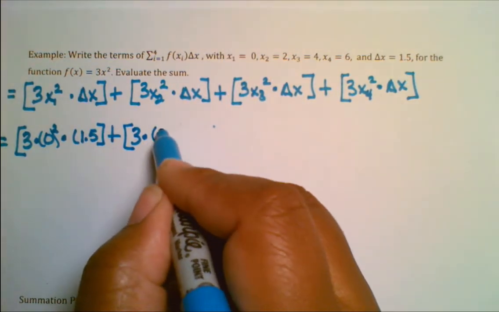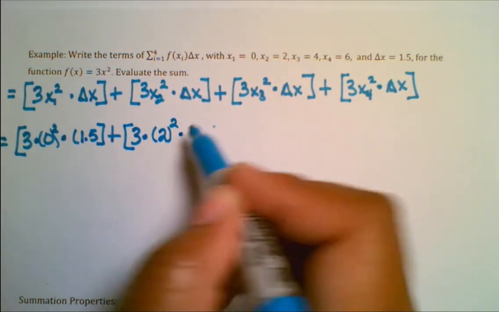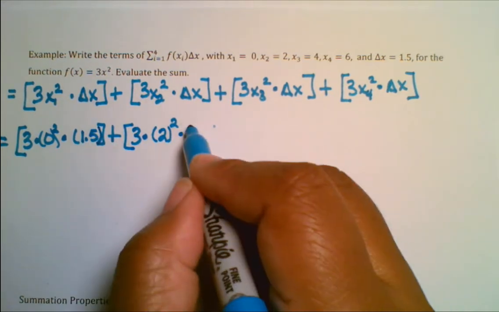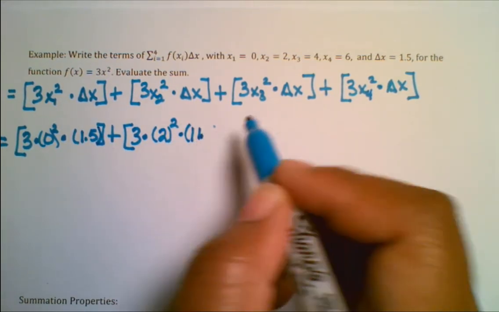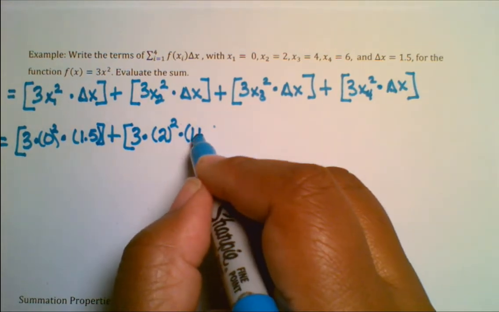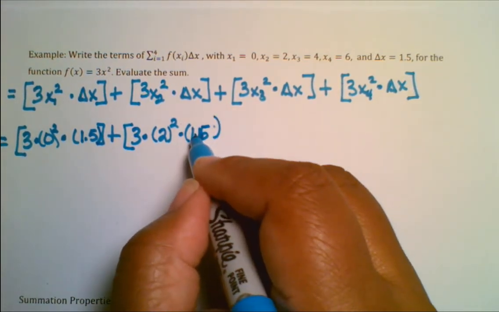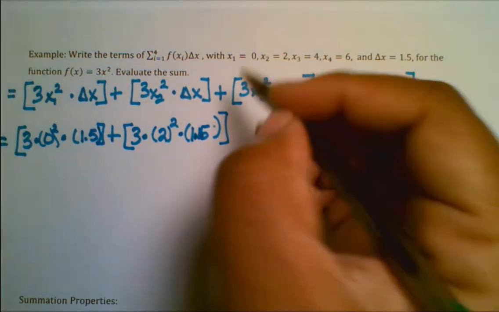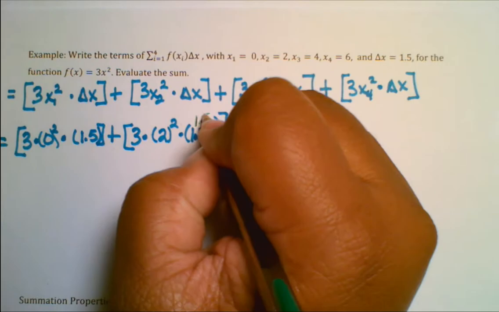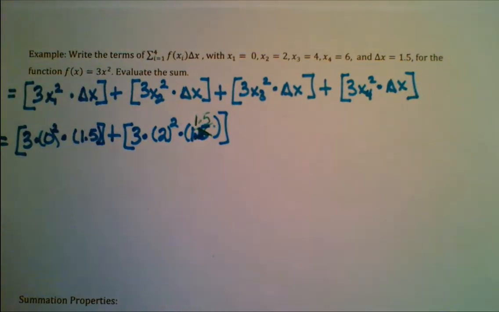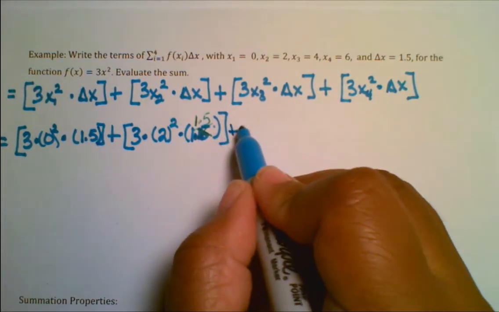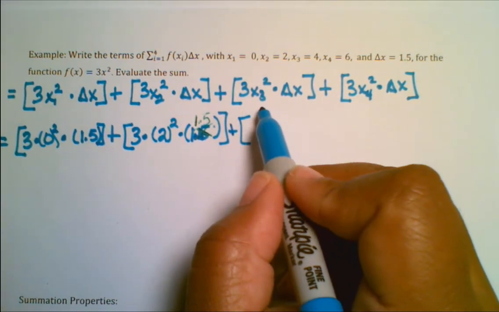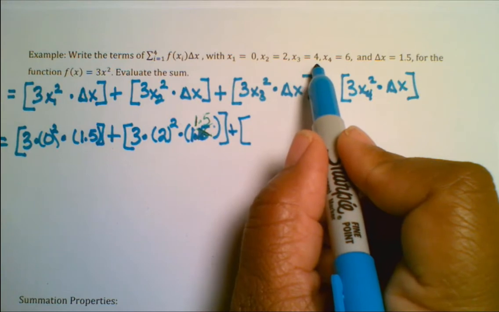So we're saying 2 squared times our delta x, which is 1.5. Next one, 3 times x of 3 squared, we said was 4.